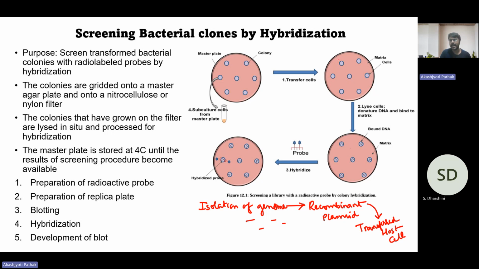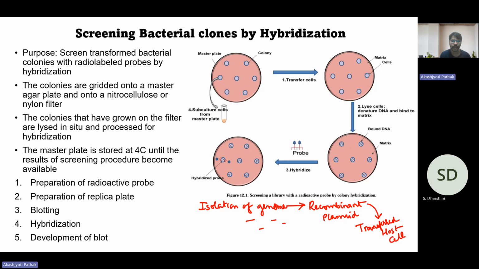Now from this replica plate, these colonies are transferred onto a nitrocellulose membrane. First of all you lyse the cells, denature the DNA, and bind it to the matrix. The lysate will be transferred to a nitrocellulose membrane, or it can be a PVDF membrane, or it can be Whatman paper.